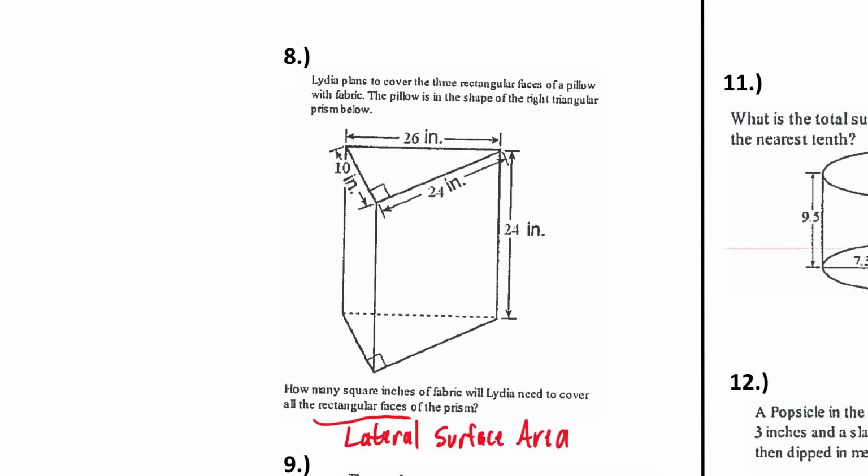Lateral surface area of a prism is P times H, the perimeter of the base times the height. So the perimeter of the base would be 26 plus 24 plus 10. So it'd be 60 times the height of 24. That's going to give you 1,440 square inches.